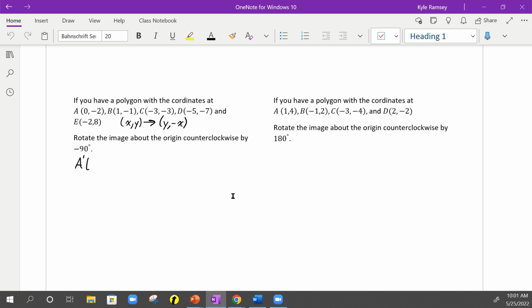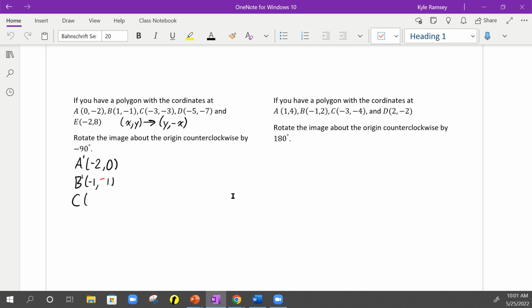This is just giving us A prime, so we're going to swap the two. So we're going to have a negative 2, 0, because we can't take the opposite of 0. So it's going to be negative, let's redo that slightly, negative 1, 1, but we need to take the opposite of that, 1.